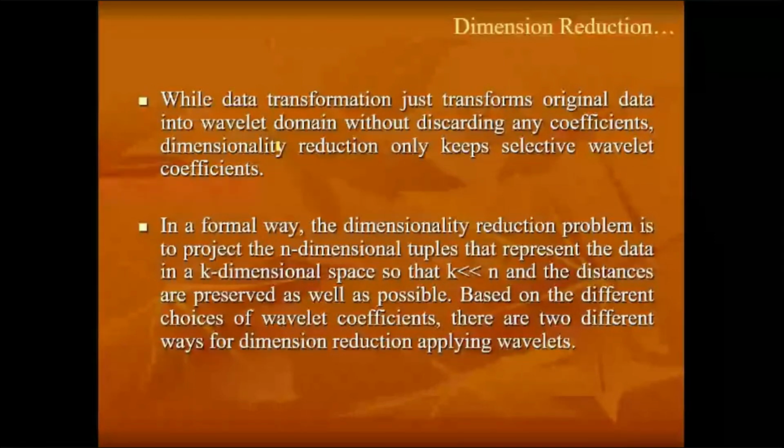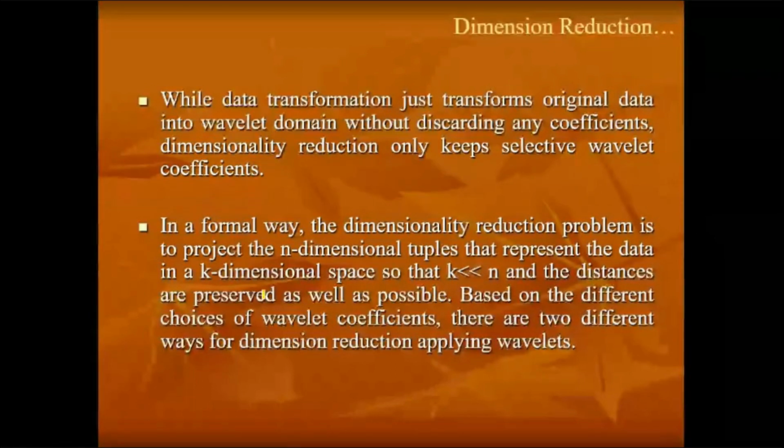features of wavelet coefficients. So in a simpler way, the dimension reduction problem is to project the n-dimensional tuples that represent the data into a k-dimensional space. This k should be less than n, and the distances are preserved as well as possible.